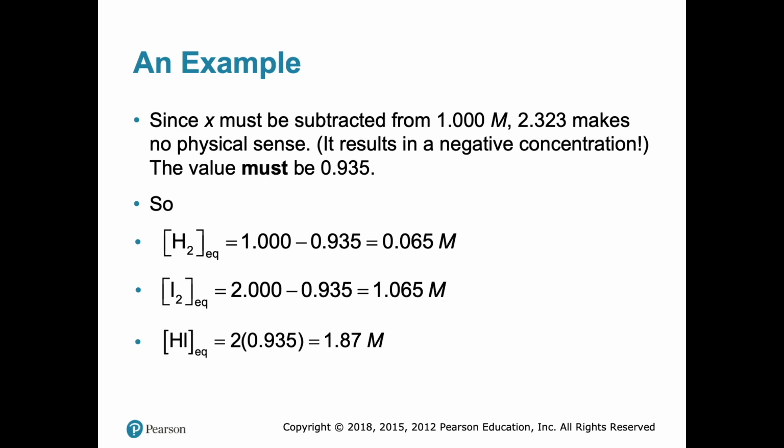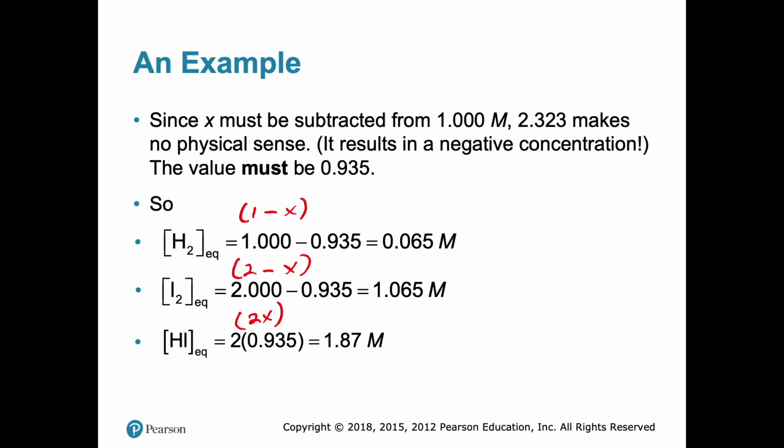So in the end, all you have to do now is subtract that change, because remember the equations in the ICE table. For this one it was 1 minus x, and this one was 2 minus x. And for hydrogen iodide, it was just 2x.